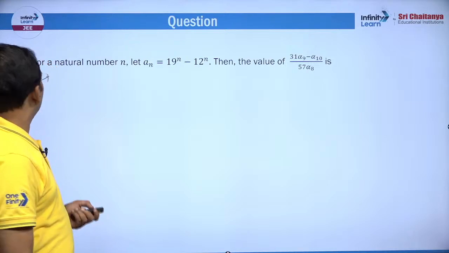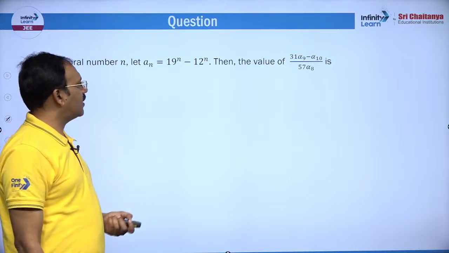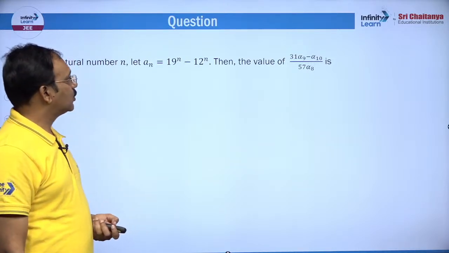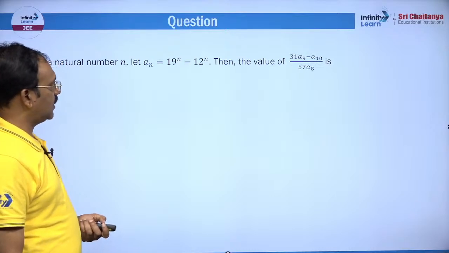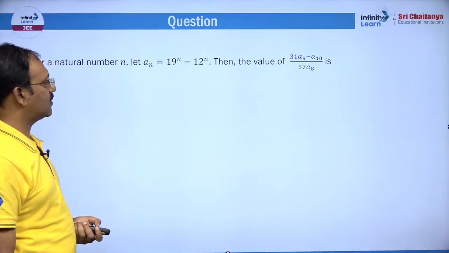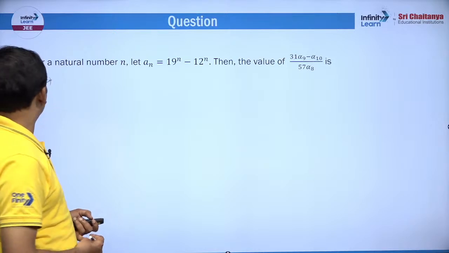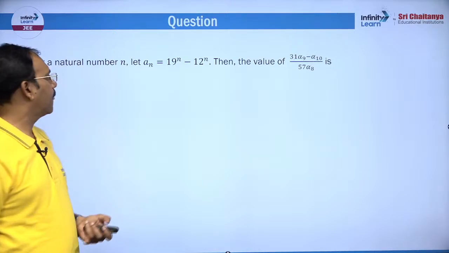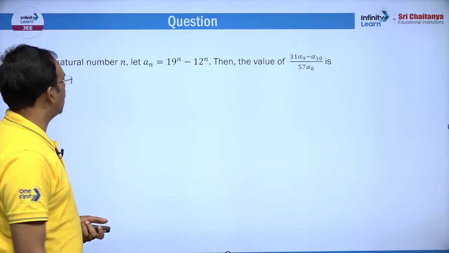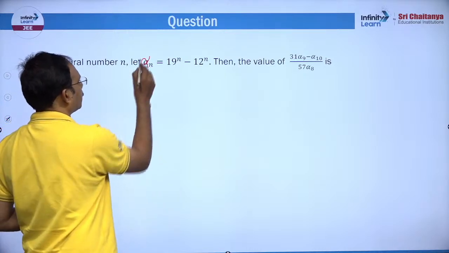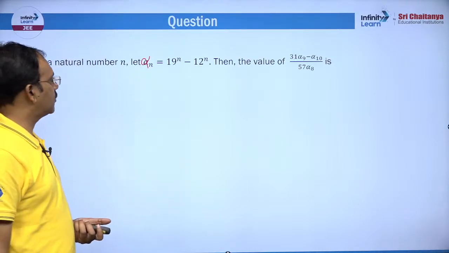We can see a n is 19 power n minus 12 power n. So, 31 alpha 9 minus alpha 10 by 57 alpha 8 is which number he is asking. Mostly we have to get like this, alpha n, I guess, subject to correction.